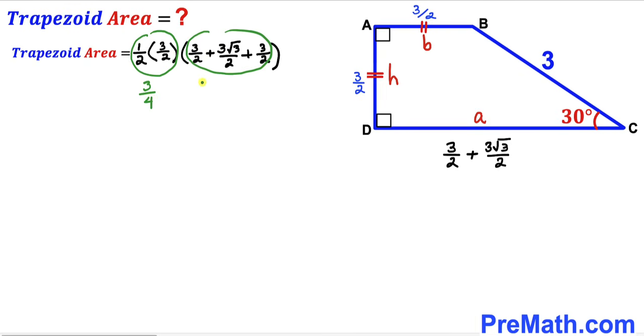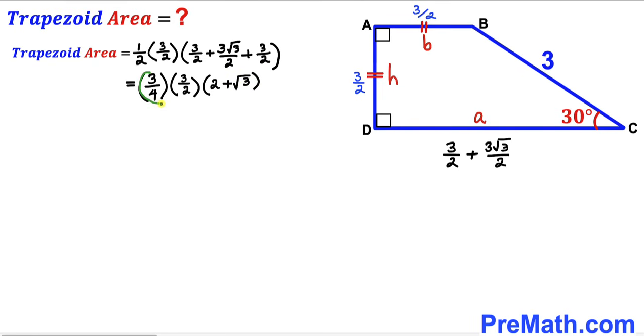We can see 3 divided by 2 is in common, so I can write this as 1 plus square root of 3 plus 1. And this 1 plus 1 gives us 2, so this simply becomes 3 divided by 2 times 2 plus square root of 3. So I can write this as 3 divided by 4 times 3 divided by 2 times 2 plus square root of 3.